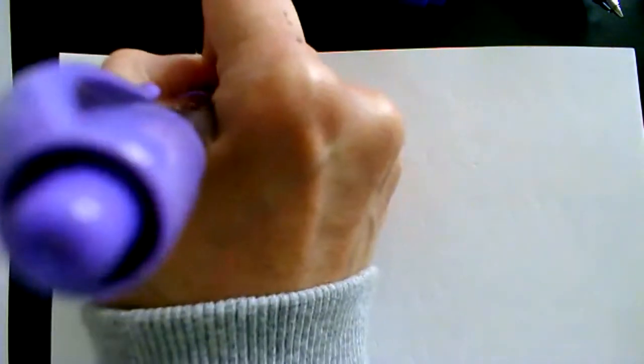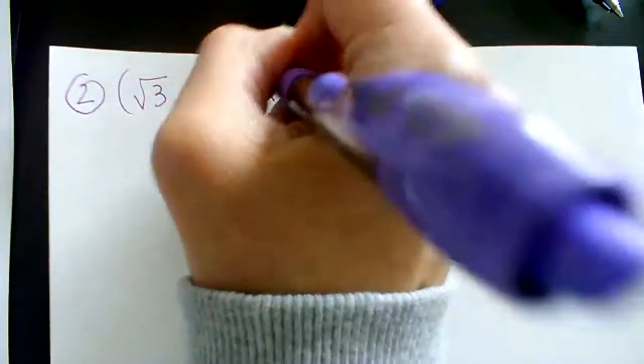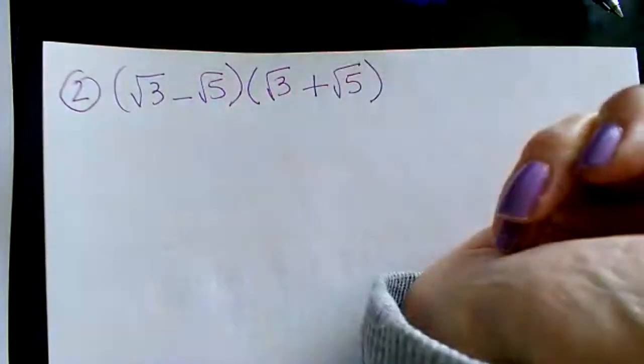Let's do a few more of the conjugates, okay? So we're going to multiply. So we have square root of 3 minus square root of 5, square root of 3 plus square root of 5.